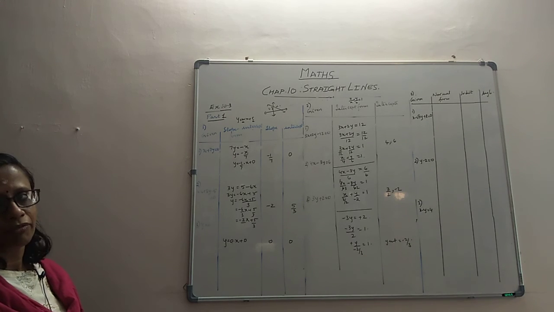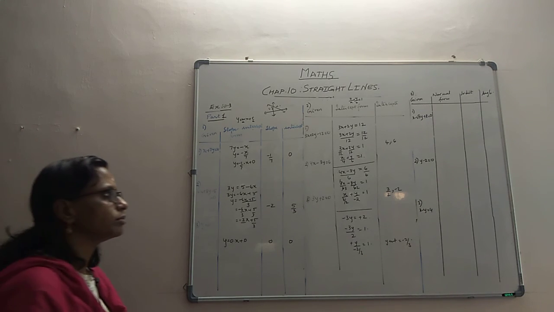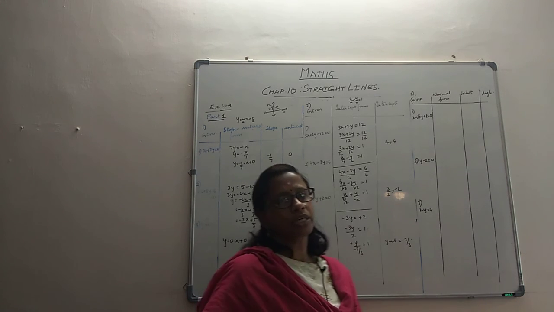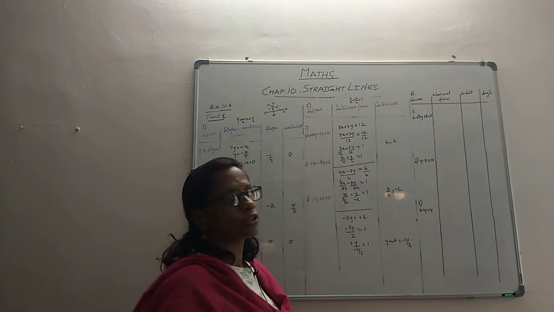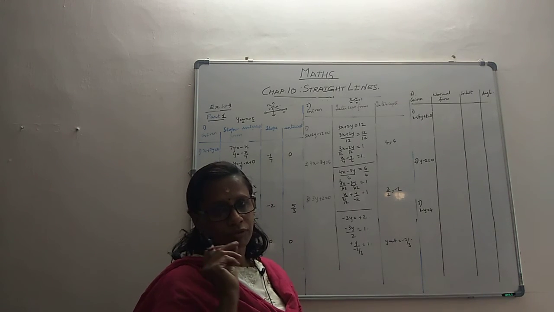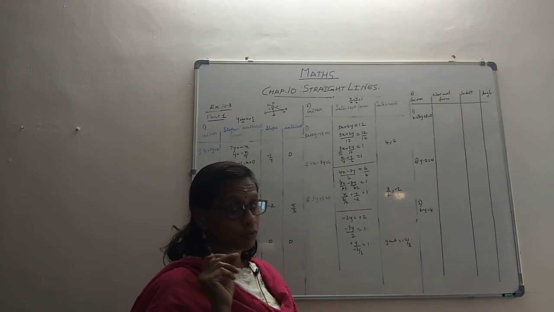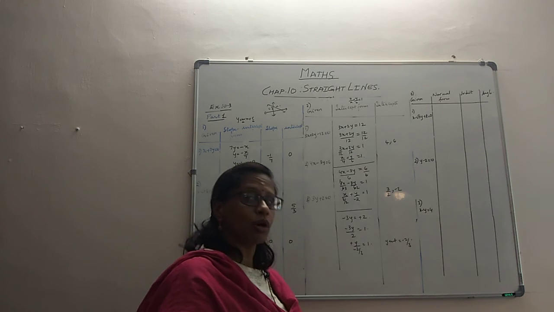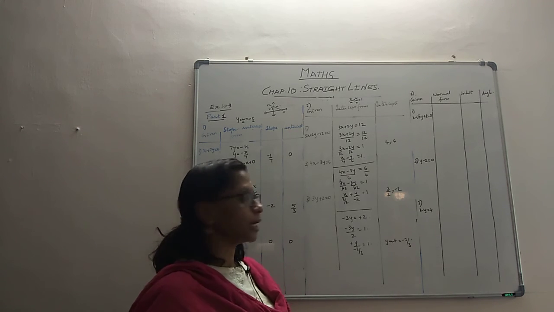Next we come to the normal form. For the normal form you have to be a little careful, because you don't just transpose and do it. You don't do it that way. You have to look at the coefficients of x and y, find the square root of the sum of the squares of those coefficients, divide the entire expression by that, then look out for the cos and the perpendicular distance.